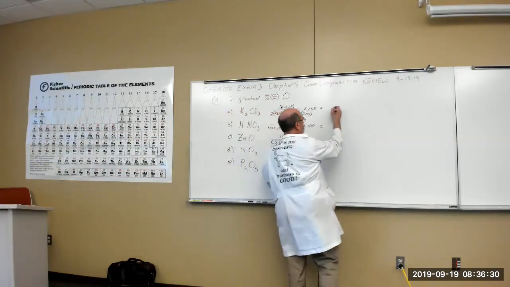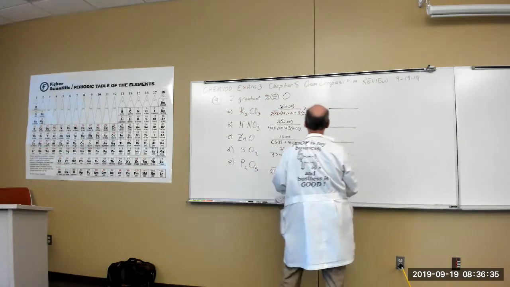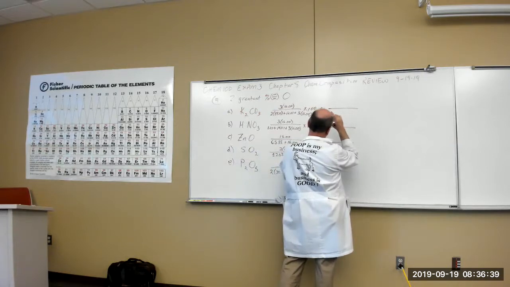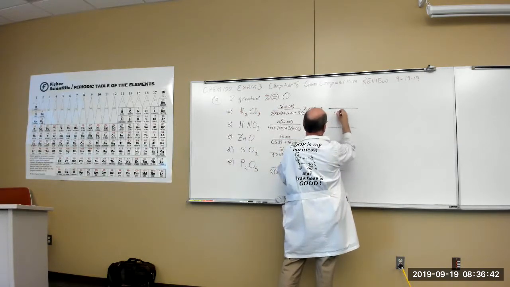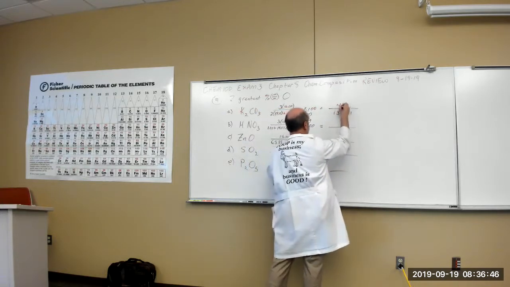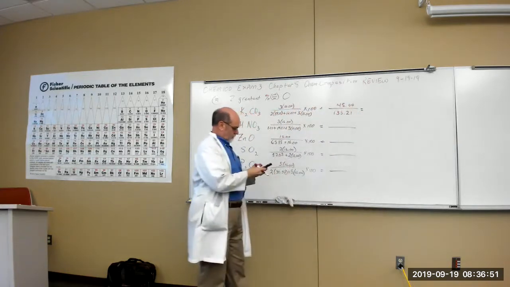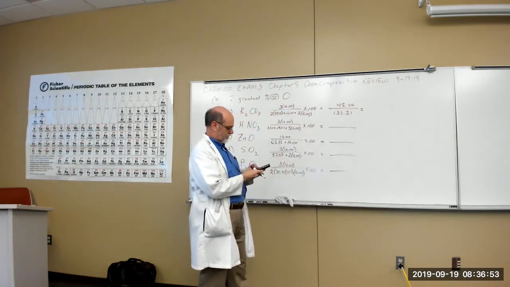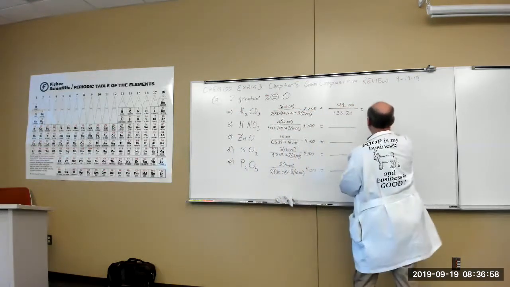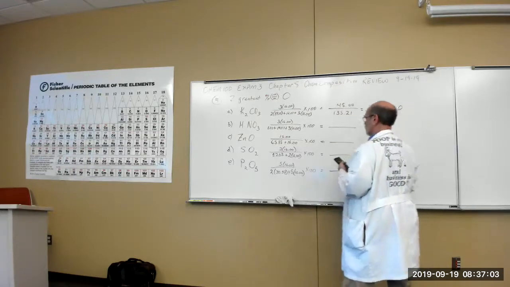Let's just do it this way, because I know what some of you are thinking. How did he go from there to there? Okay, so the bottom is going to be 138.21. Top's going to be 48. So we just need that one. And I get 34.73% oxygen.